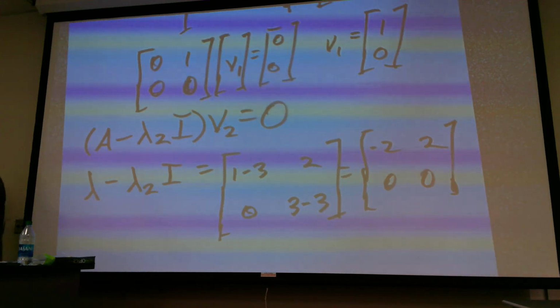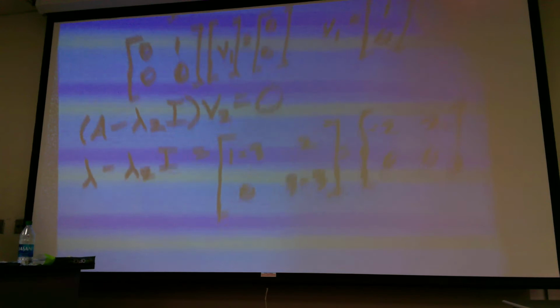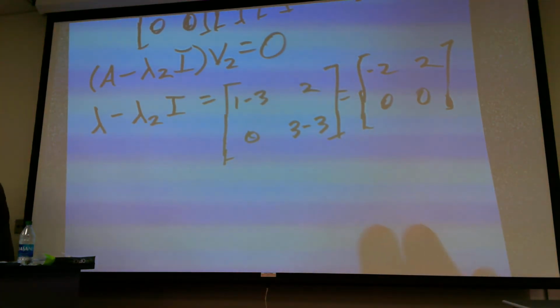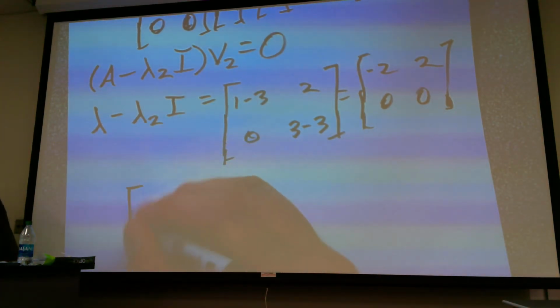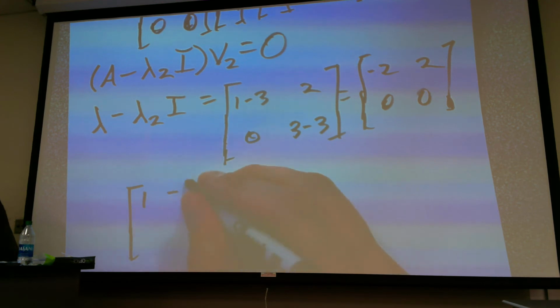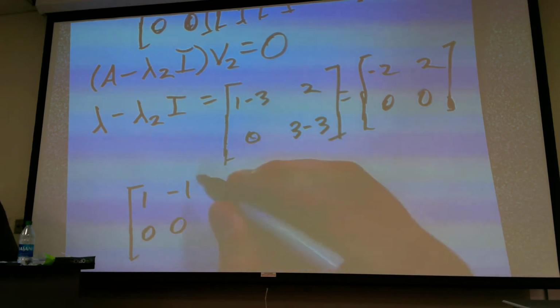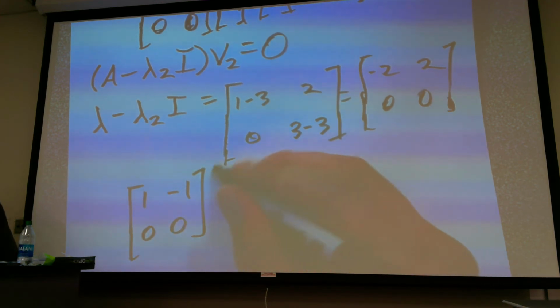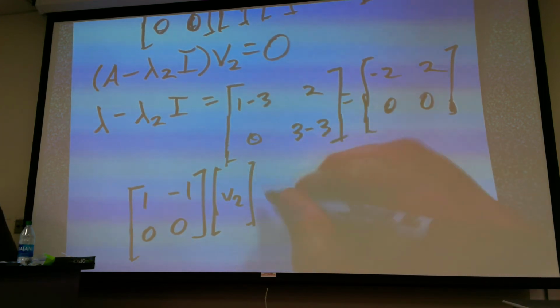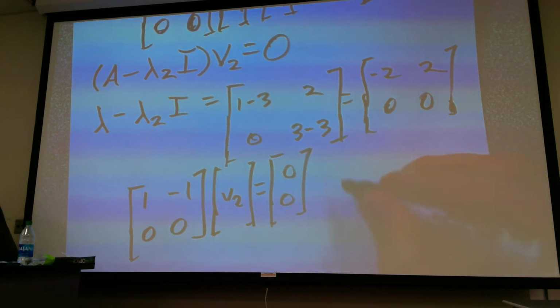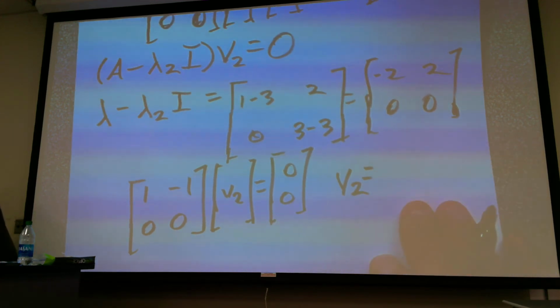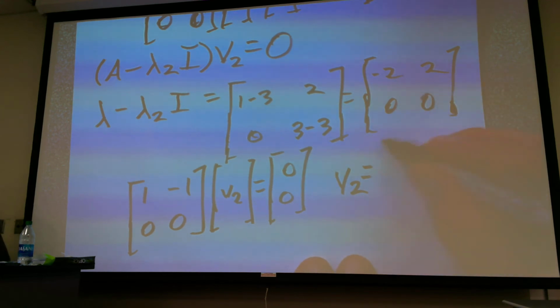At this point of the problem, I'm just going to divide by negative 2. And that'll give me 1, negative 1, 0, and 0. Now, acting upon V2 is supposed to equal 0 and 0. So V2 is going to equal 1, 1.